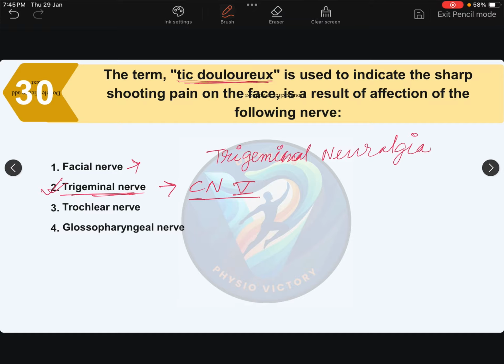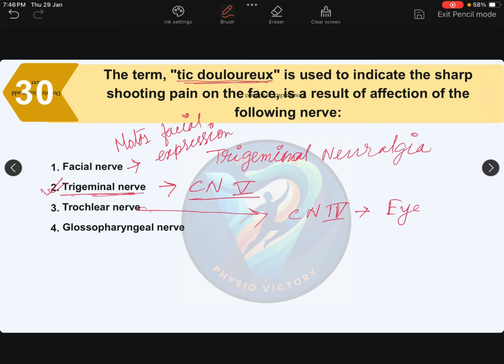Facial nerve involves motor function and facial expression. Trochlear nerve is basically cranial nerve 4, which helps in eye movement.